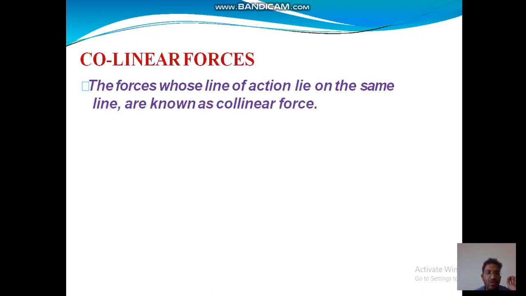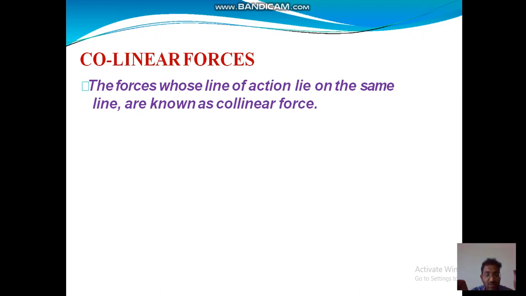And the next one, collinear forces. It means the forces whose lines of action are on the same line. You just observe the difference between coplanar forces and collinear forces. Coplanar means the lines of action lie on the same plane, all forces acting on the same plane, and here it is the same line.